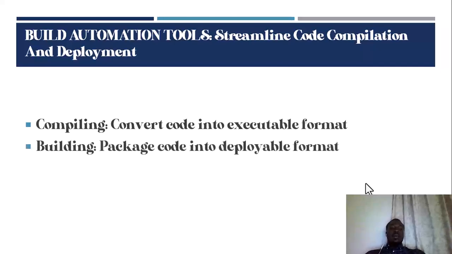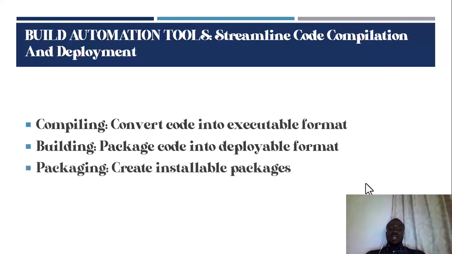Then again, we have the building. The building is also a form of packaging code that helps the code to be deployed in a deployable format. Alright, then we have the packaging. The packaging creates installable packages.